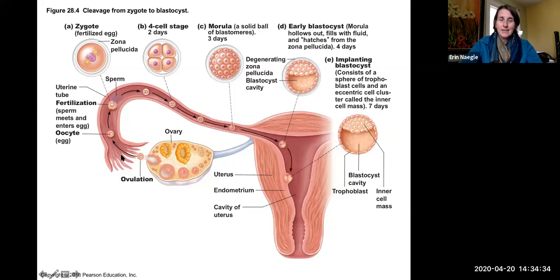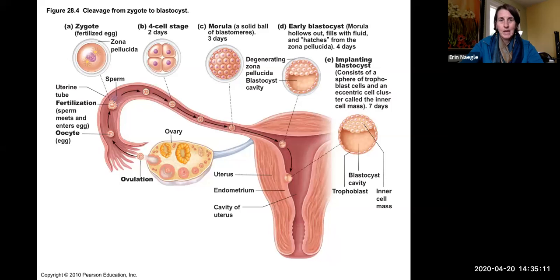Unlike the male reproductive system, which is a continuous tube from the tubes in the testes to the outer orifice of the urethra, there's this break here in the female reproductive system, which puts women at risk of ectopic pregnancies, meaning that this egg could get fertilized and then instead of going this direction, goes this direction.